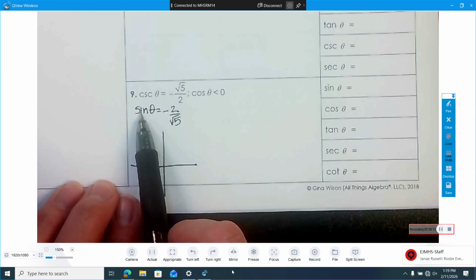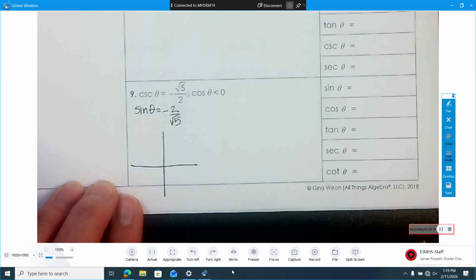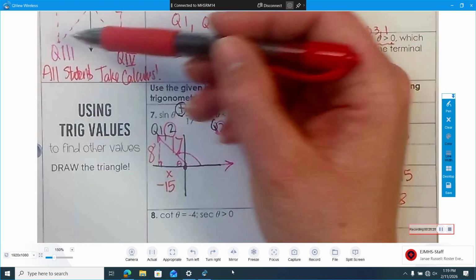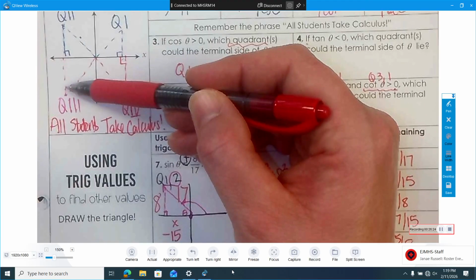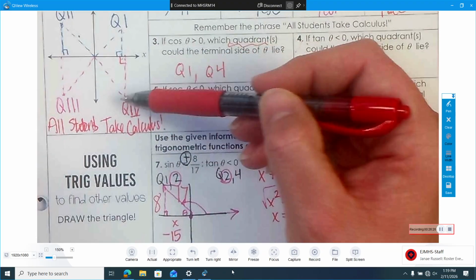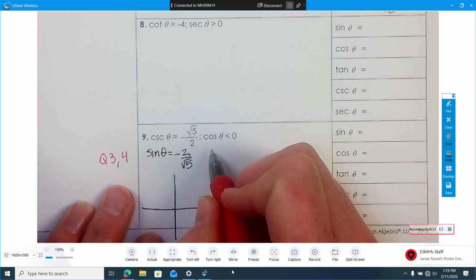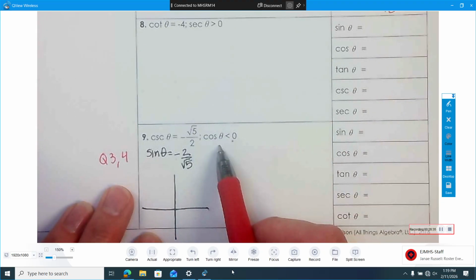Now, sine is negative. Which quadrants is sine negative in? Yeah, quadrants 3 and 4. Sine uses that opposite side, and so that's right down here where negative land is, on both quadrants 3 and 4. It also says cosine is negative. Where is cosine negative? 3.